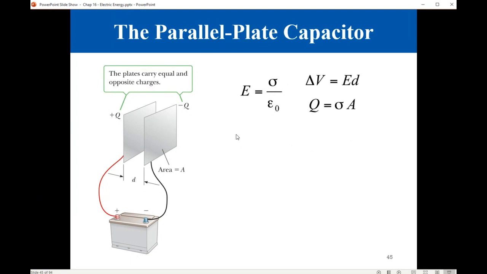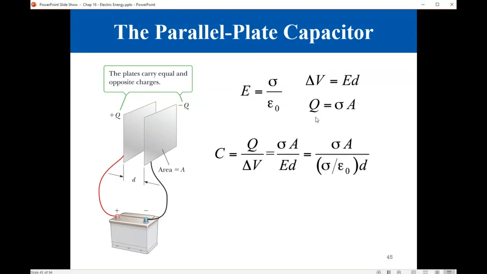And we can solve for the voltage difference. It is E multiplied by D. So once you know E and you know D, you can calculate the voltage difference. Q can be calculated: Q equals sigma A.